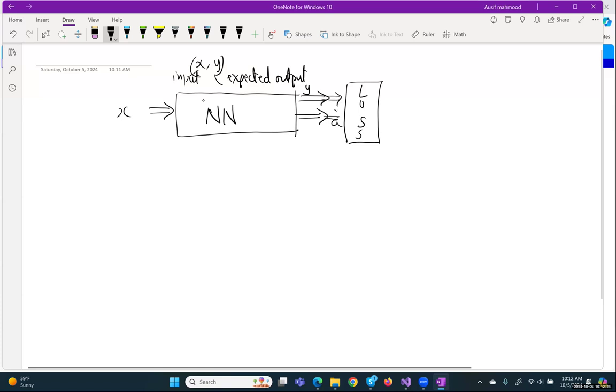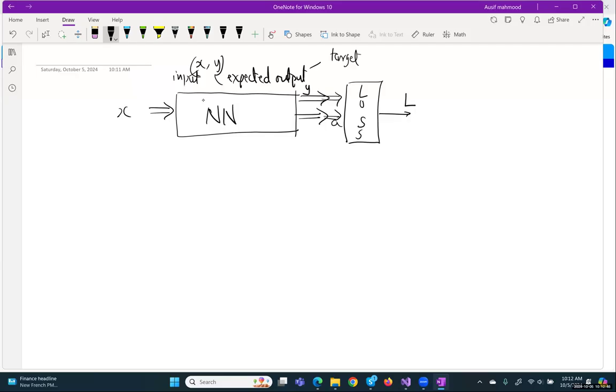The loss function will compare what the actual output is with the expected output. Sometimes the expected output is also called the target in the terminology. Okay, so based on how they differ, we will produce one number, which we call the loss, right?